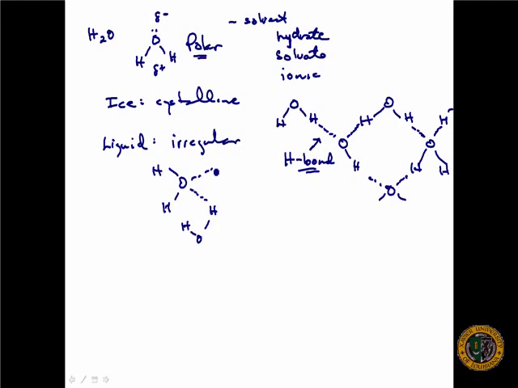It could be different positions, so it's less regular. But this facilitates the movement of electrons through water. They can jump from one molecule to the next, and this jumping is why electricity can travel through water.